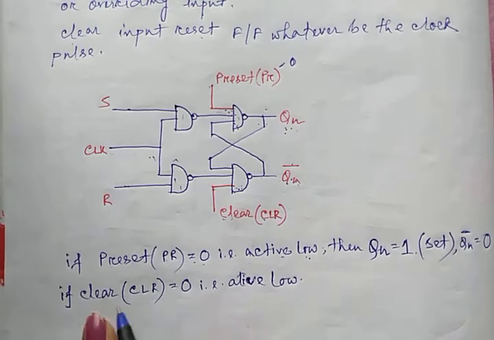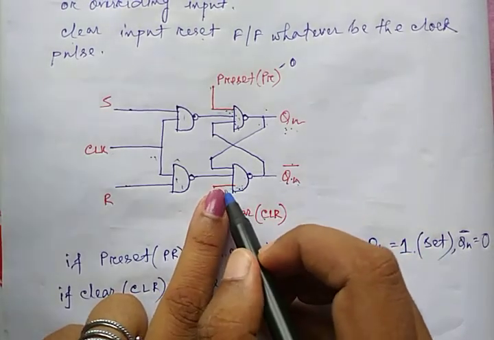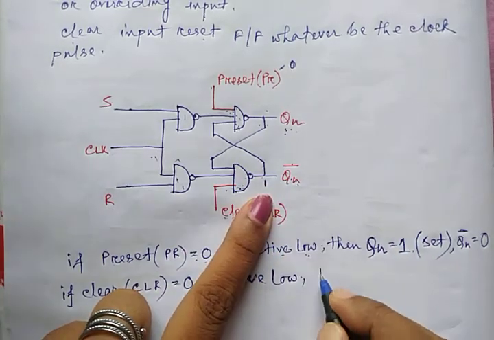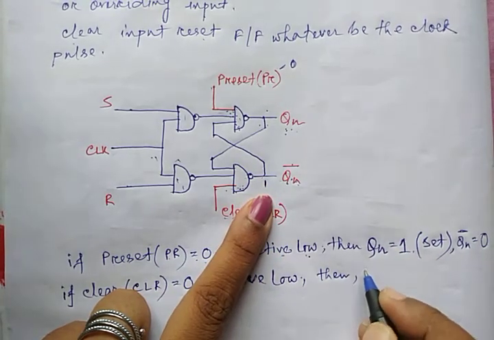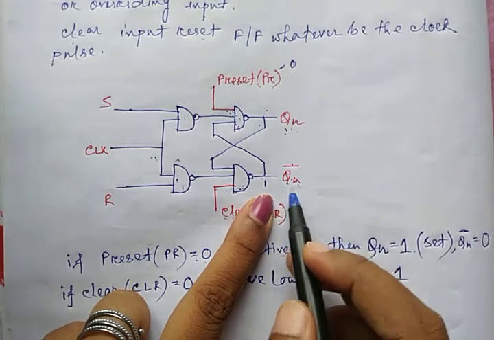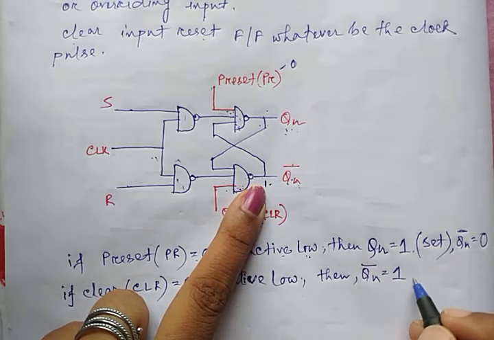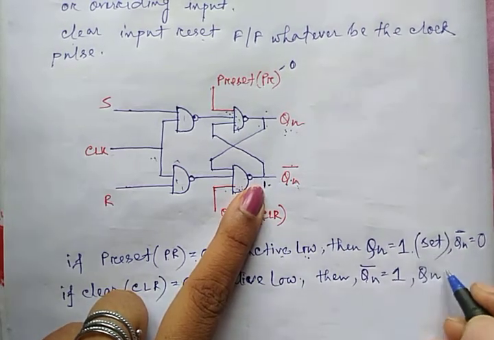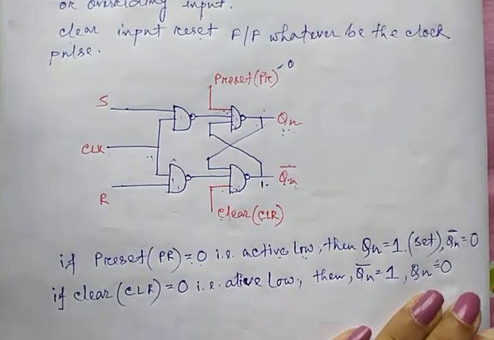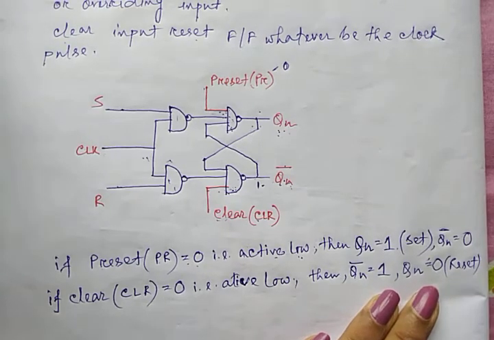Clear is 0, and 0 means its output is 1. So obviously QN bar equals 1. In this output line we get 1 value. As QN bar is 1, we can say QN equals 0, and 0 means it is reset.